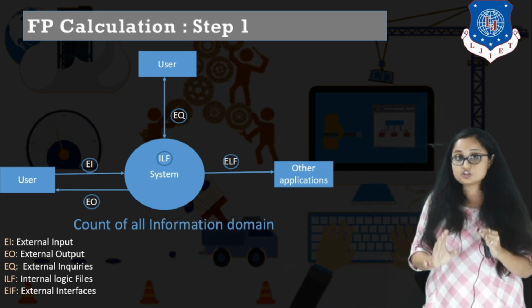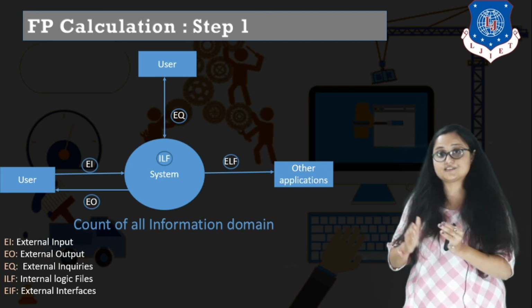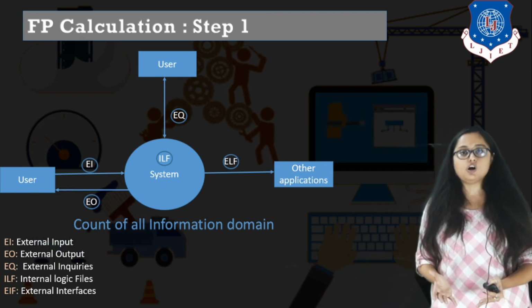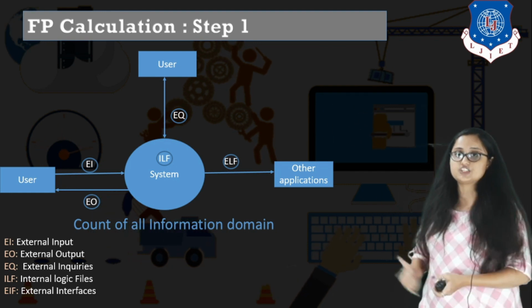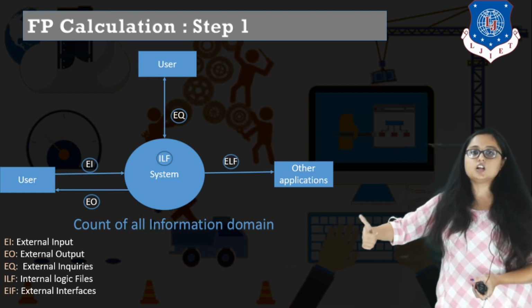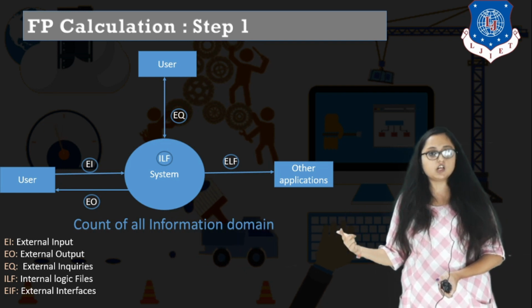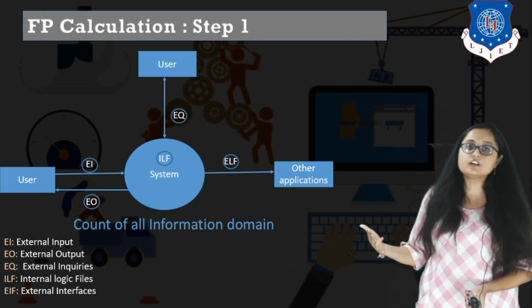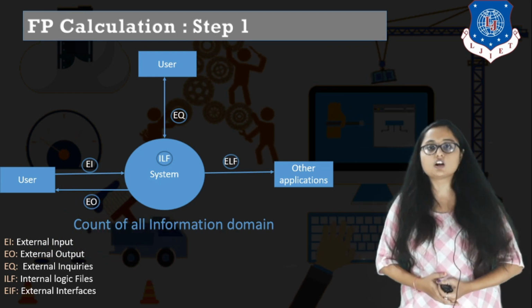You have to also count the number of external logic files. Okay, so these are the 5 data that you have to count for our information domain. Again, the first is external input, the next is external output, the third is internal logic file, the fourth is external inquiry, and the fifth is external logic file.